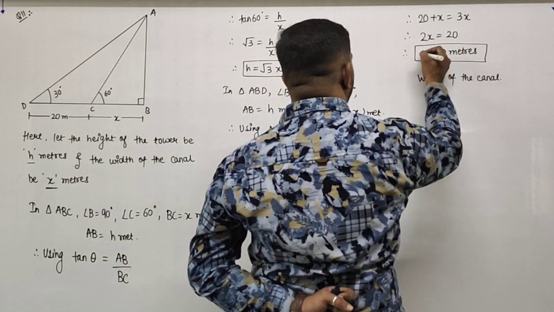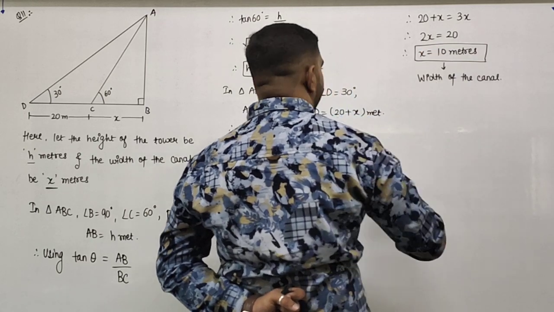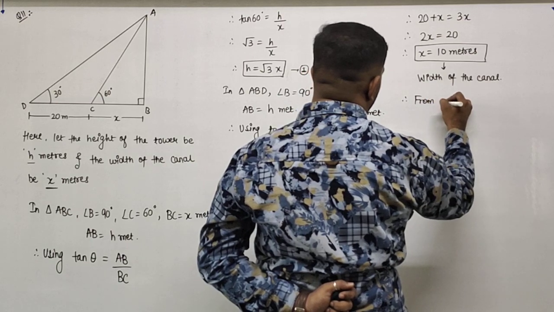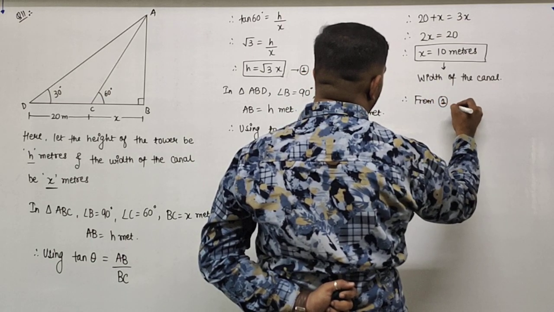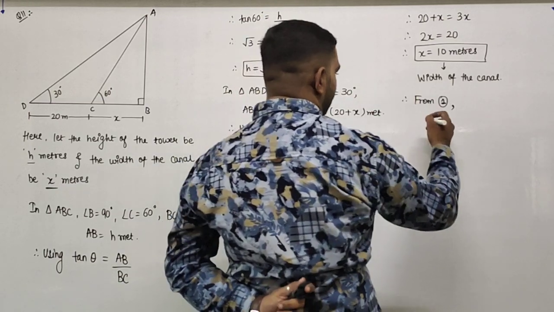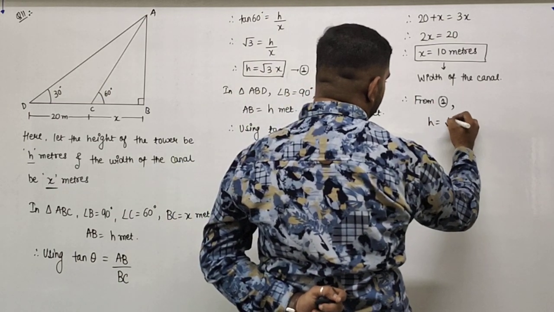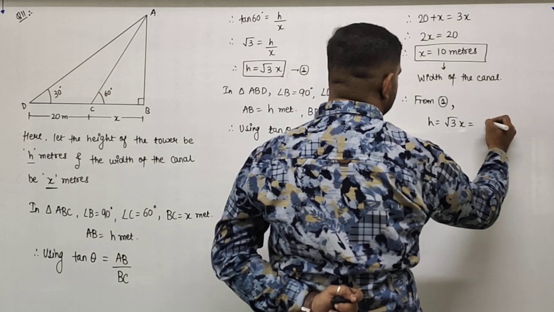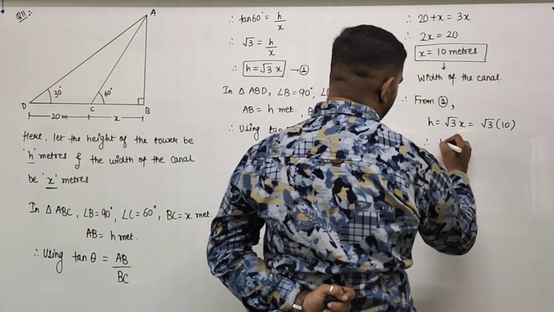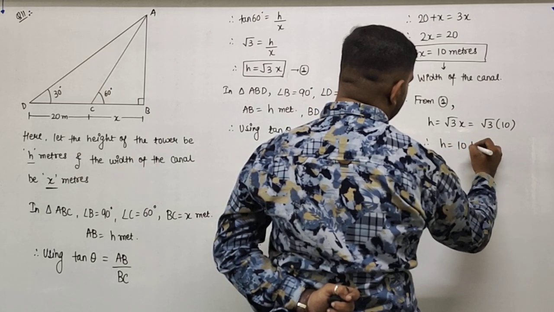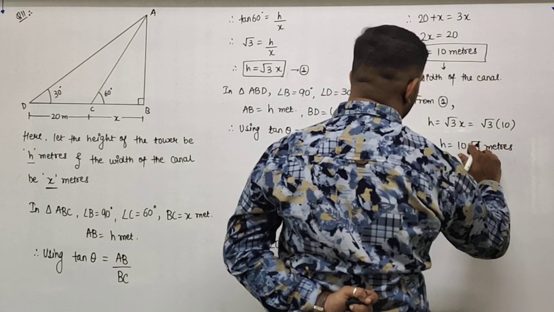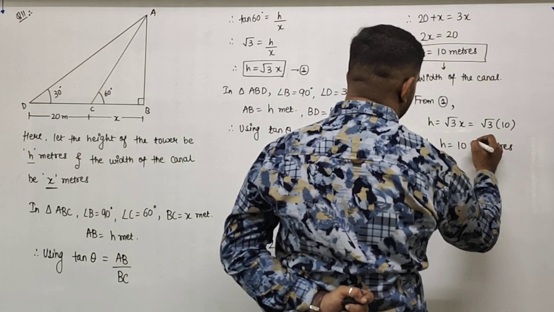Now we need to find out the height of the tower also. Therefore, from relation number 1, right? From relation number 1, h is equal to root 3 x, that is root 3 multiplied by 10. Therefore, h is equal to 10 root 3 meters.